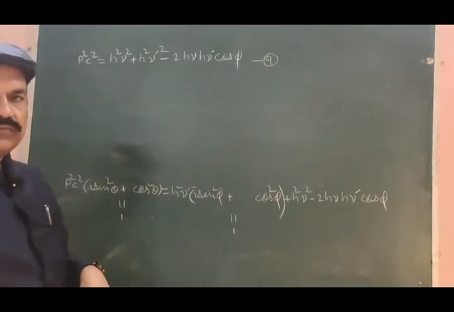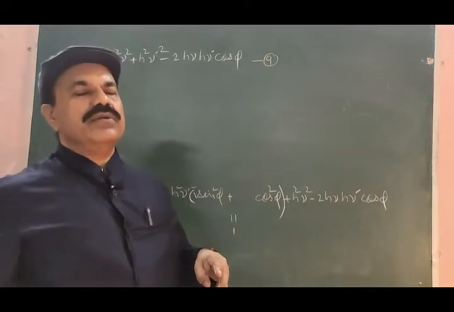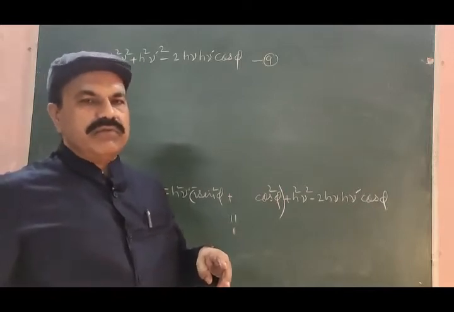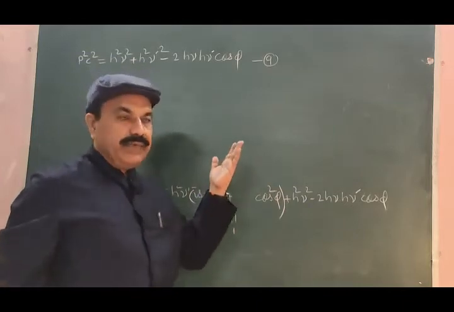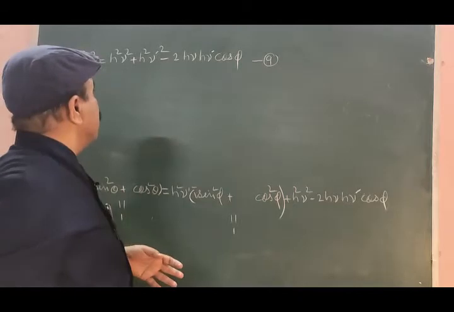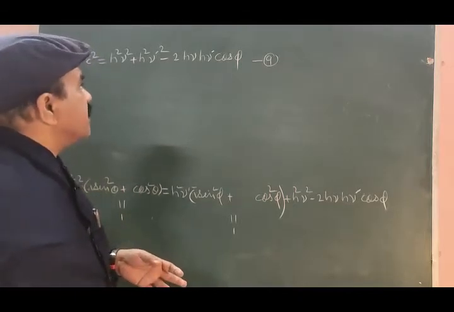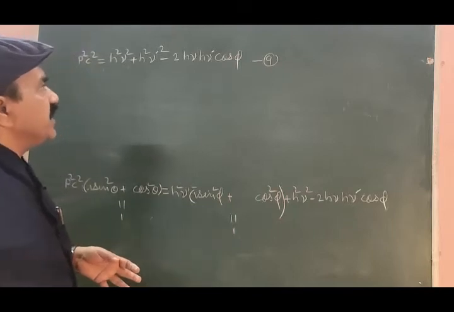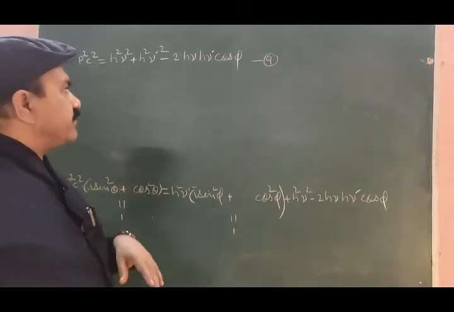So, taking help of equations 3 and 4 and manipulating them, we got this equation: P square c square is equal to h square nu square plus h square nu dash square minus 2 h square nu nu dash cos phi, equation 9.